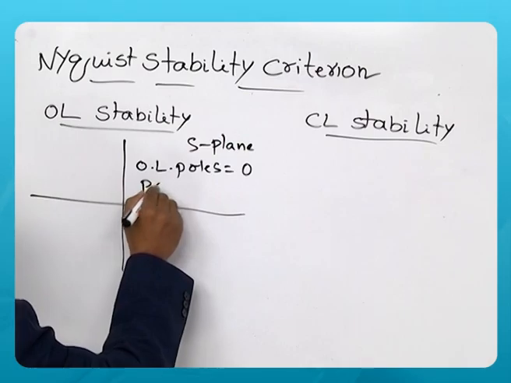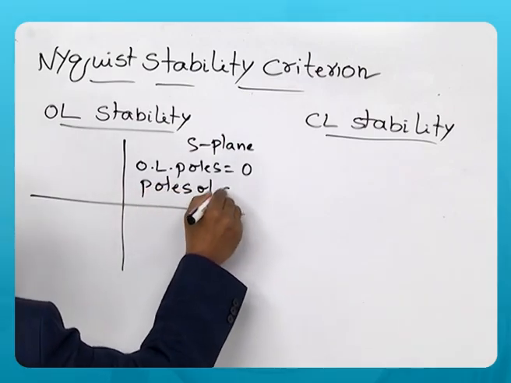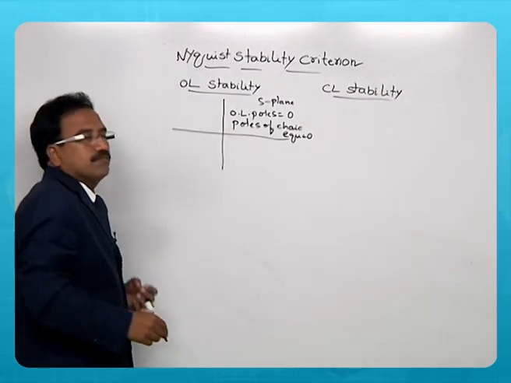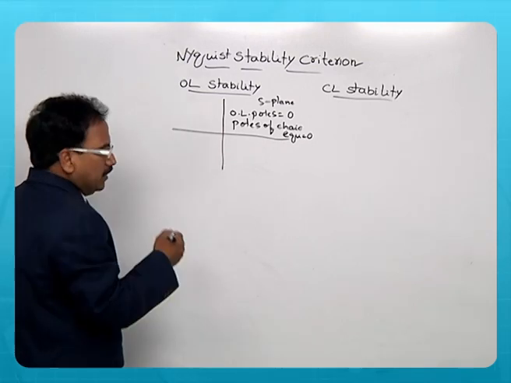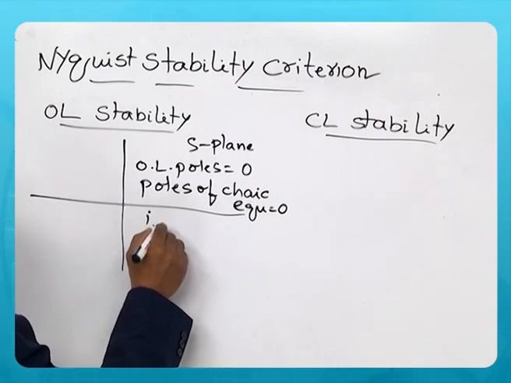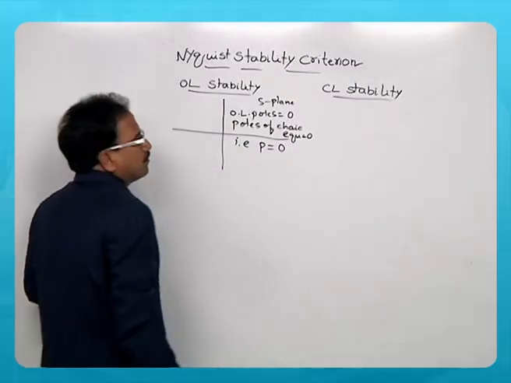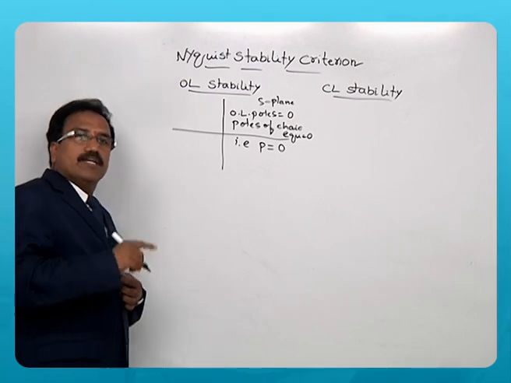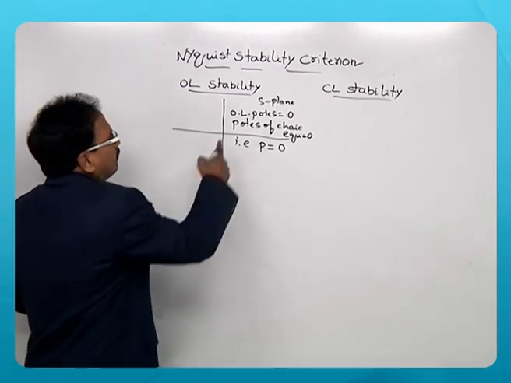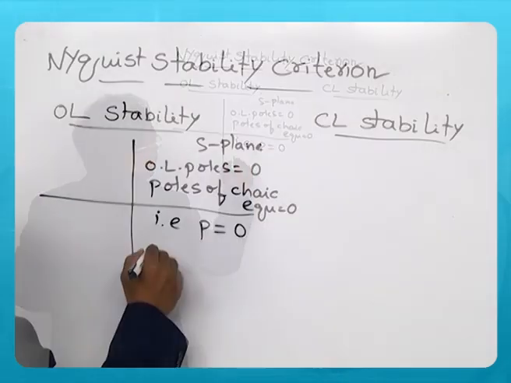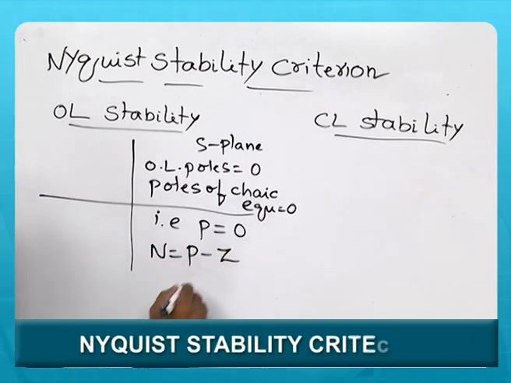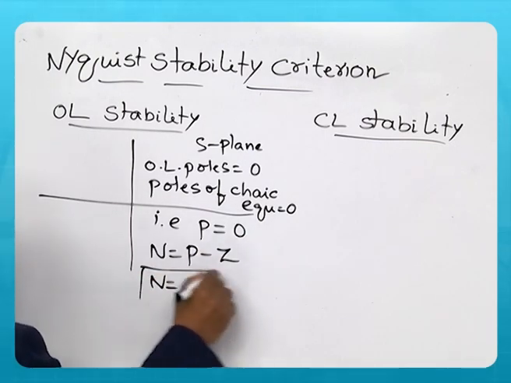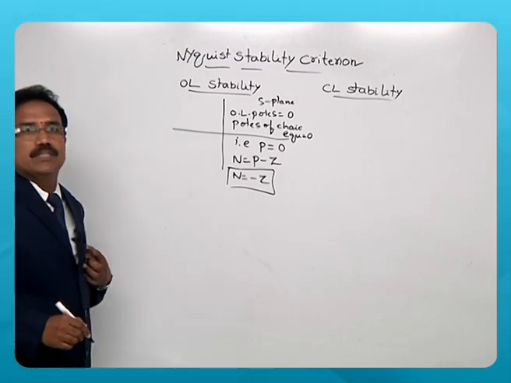This is nothing but the poles of the characteristic equation, which should be equal to 0, that is P equal to 0. For open loop stability, there should not be any pole in the right half of the S-plane for the given open loop system. That means, as you know the equation, n is equal to P minus Z. So when you substitute P equal to 0, n should be equal to minus Z for open loop system stability.